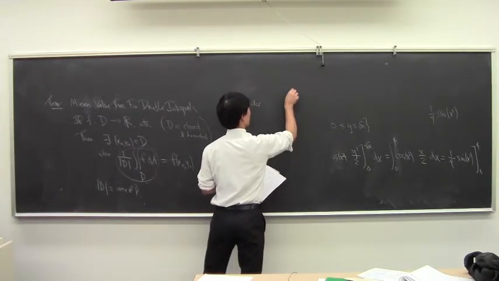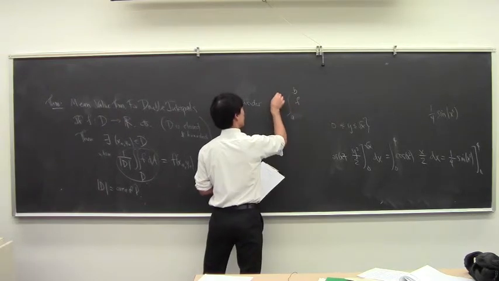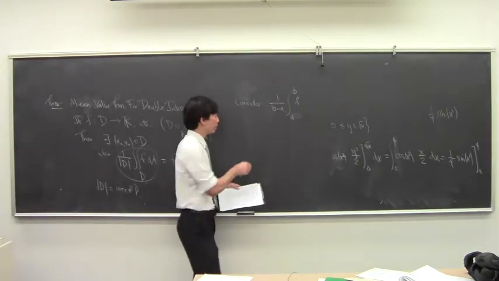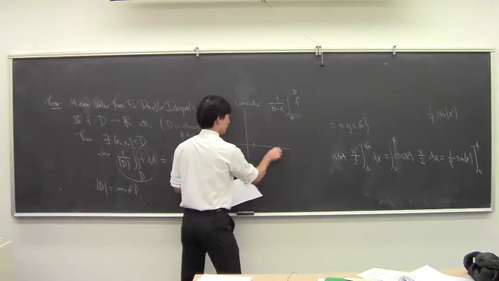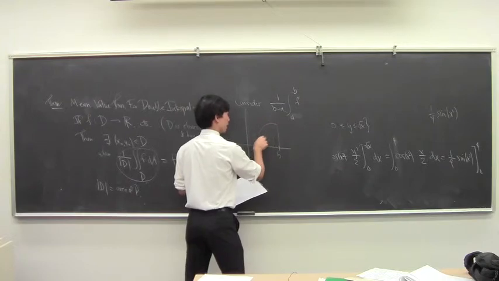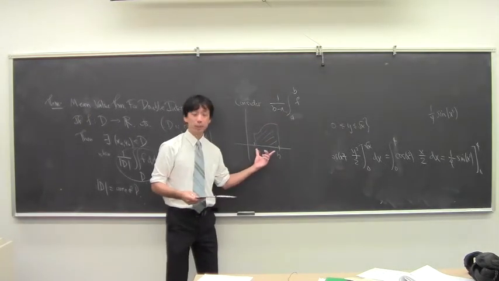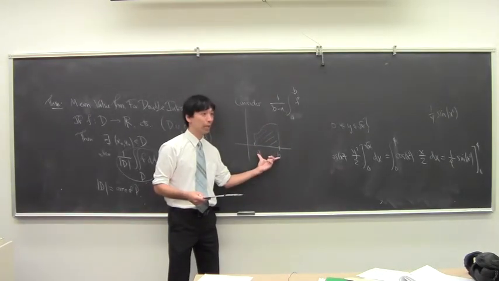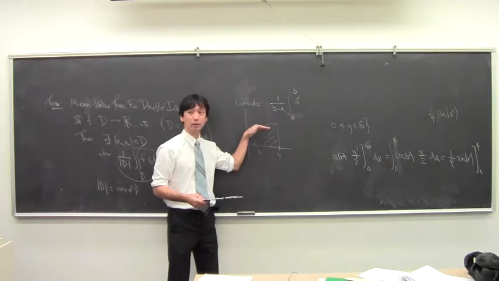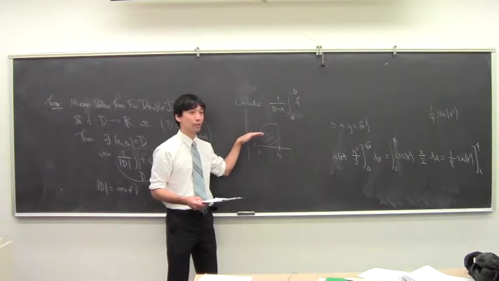The integral of your function over some interval, divided by the length of that interval. Say I've got a, b. I get some area here, and then I divide by the length of the base here. That is going to give me the average height of my function.